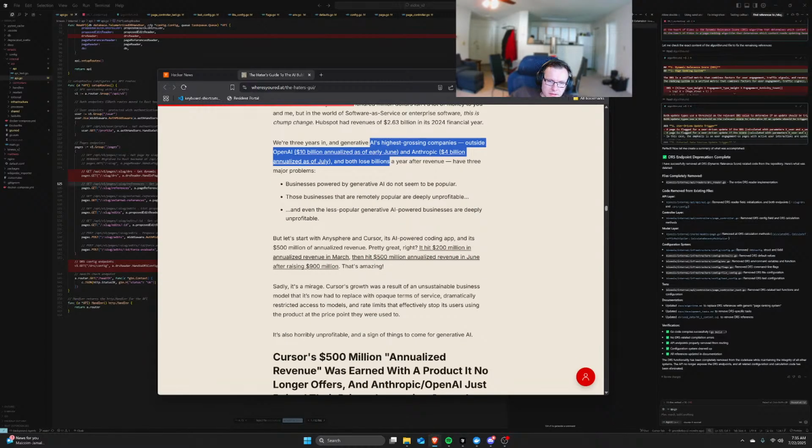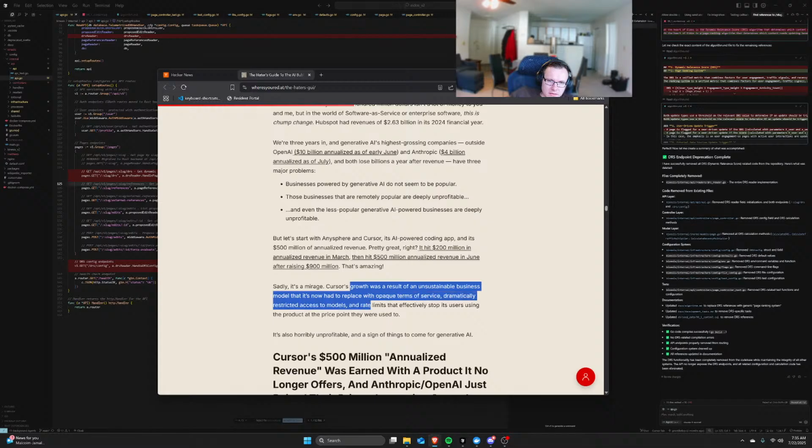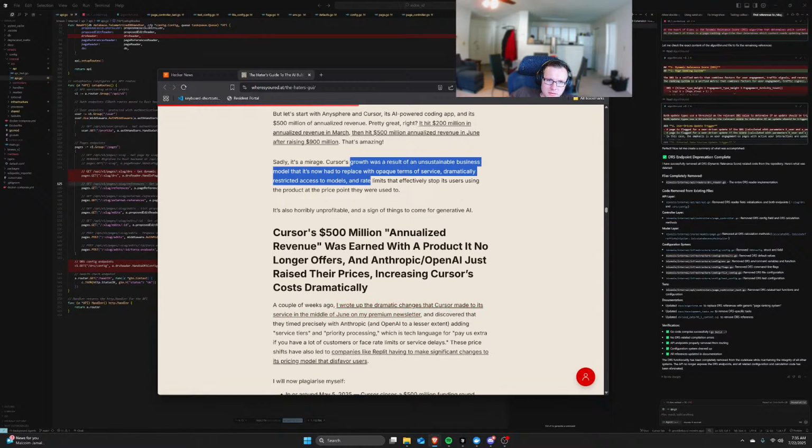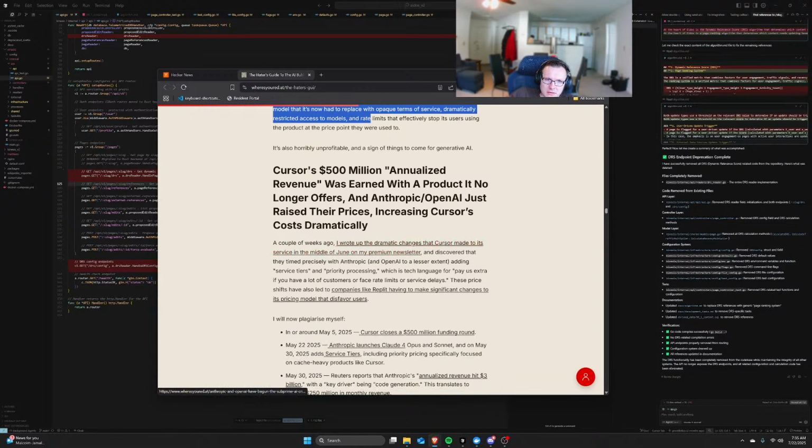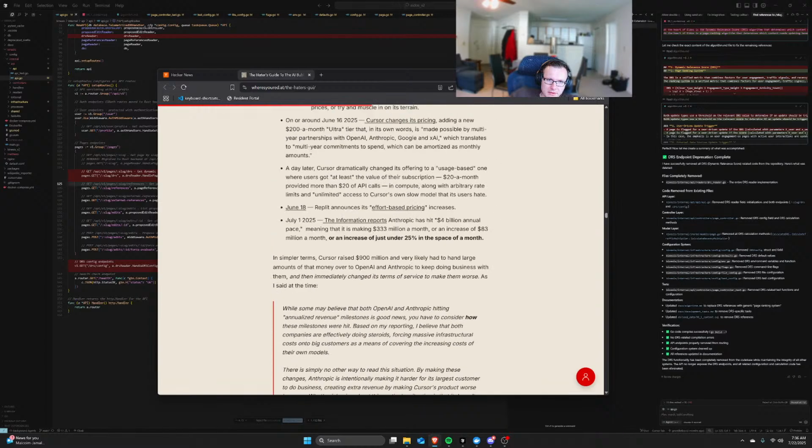Cursor's growth, unsustainable business model. Yep, restricted acquisition rate limits. It's horribly unprofitable. It no longer offers. Anthropic and OpenAI raise their prices, increasing Cursor's costs. Yep, I remember this. I know I've been hit by it.